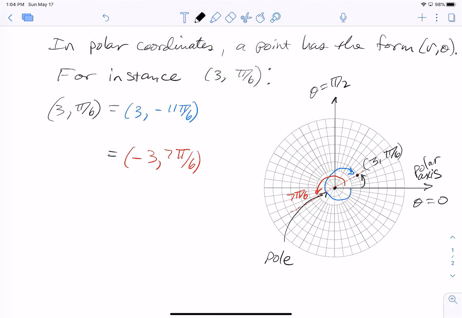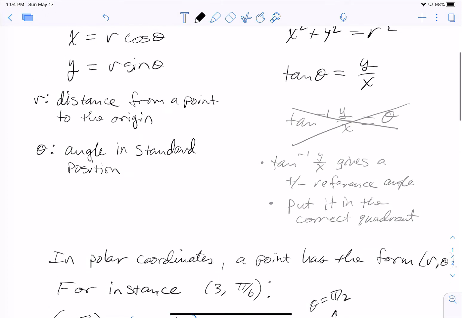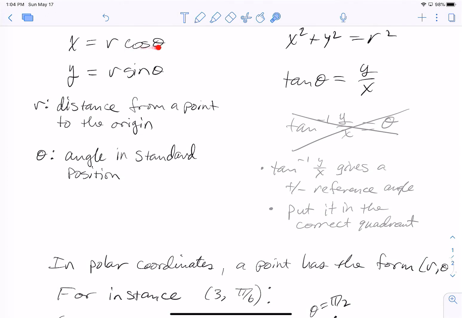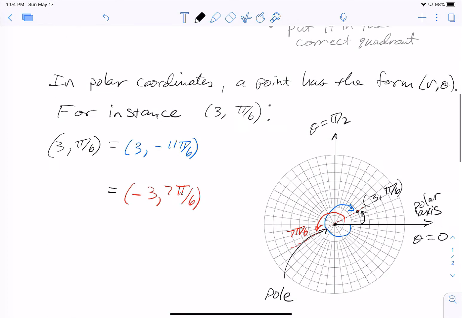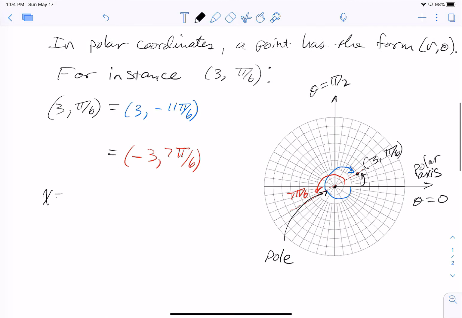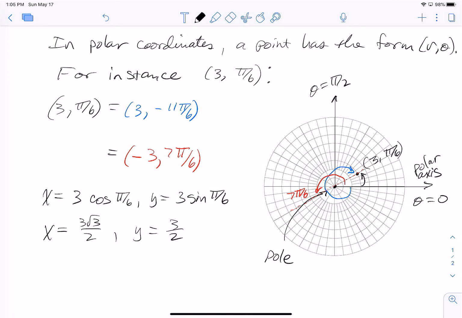To see how this is possible, we can refer to our equations. X is equal to r cosine theta, y is equal to r sine theta. In this case here, for (3, pi over 6), x equals 3 times the cosine of pi over 6, y equals 3 times the sine of pi over 6. So x is going to be 3 root 3 over 2, and y is going to be 3 halves.